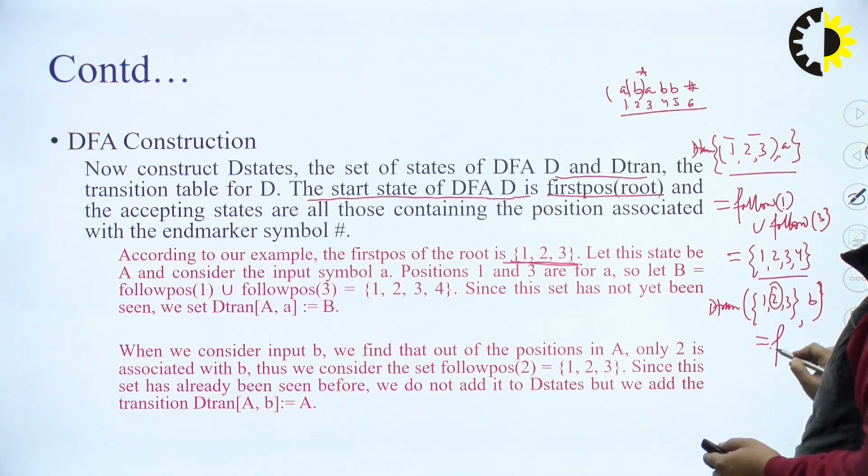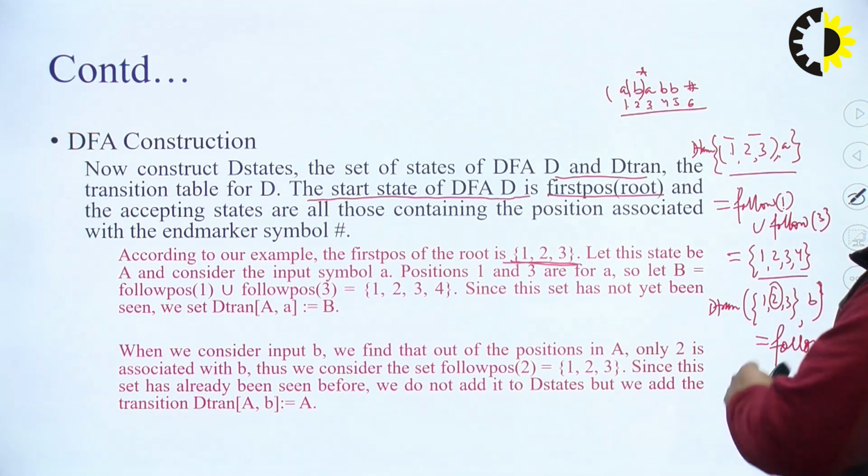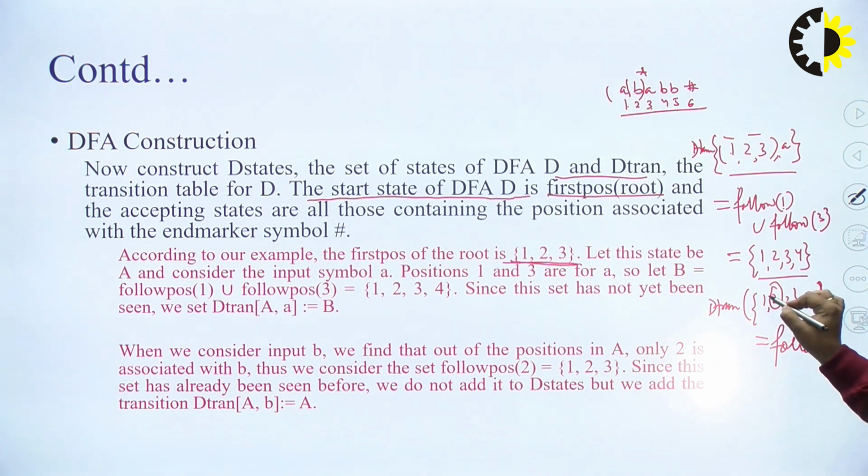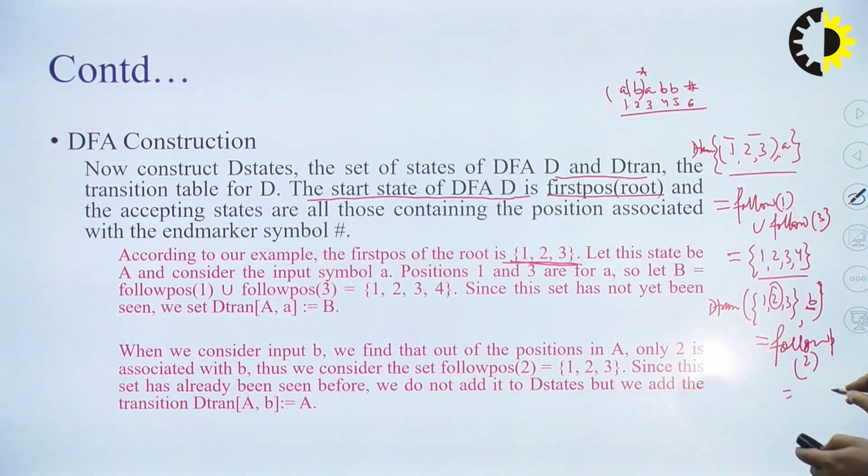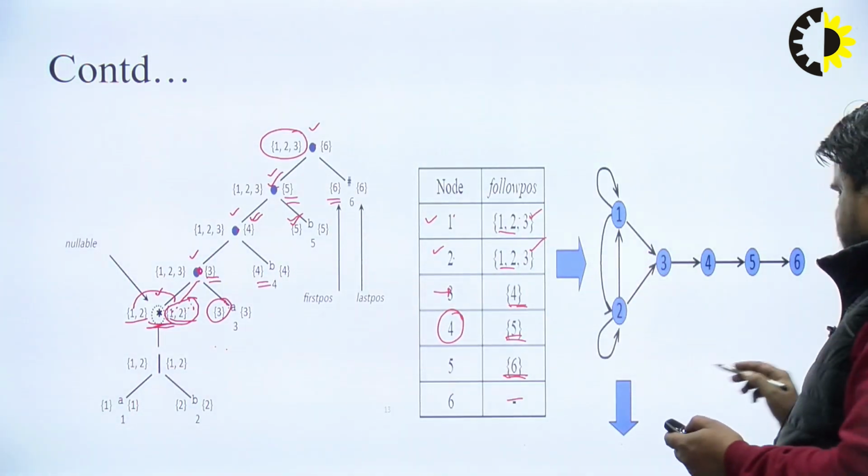So you can find the follow position. You will identify the positions at which B is available in the expression and take the follow of that, or if there are multiple positions, take the union of the follows. So the follow position of 2 will be 1, 2, 3. You can see it is 1, 2, 3.